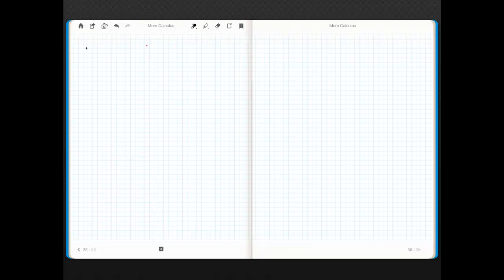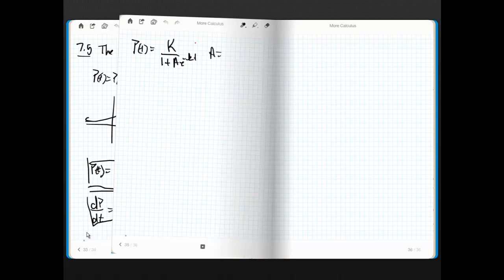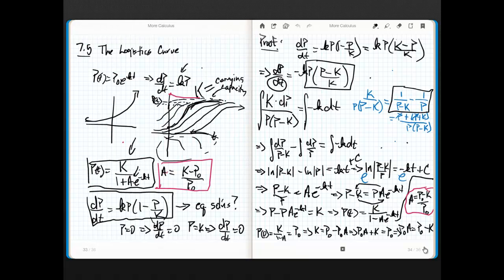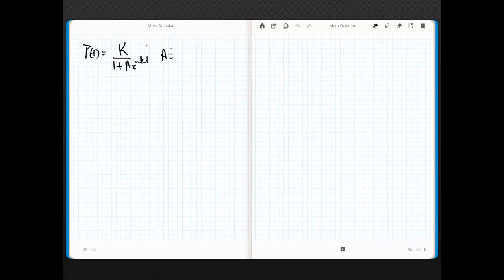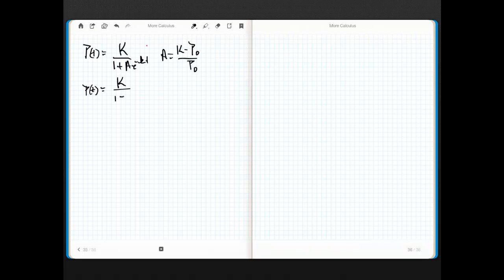All right, so what do we know? We know that P of t equals capital K over 1 plus a e to the negative kt, where a equals, well, what does it equal? Let's make sure. When we're in this form, we know that it's k minus P naught over P naught. Now remember, through my differential equation, I ended up with P of t equals k over 1 minus a e to the negative kt, right?